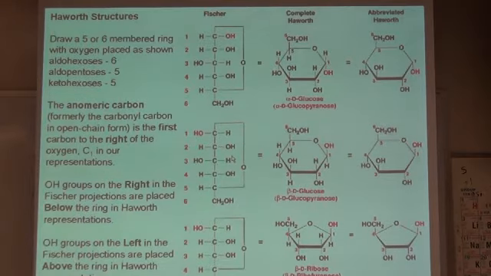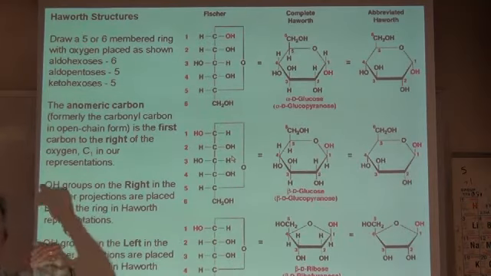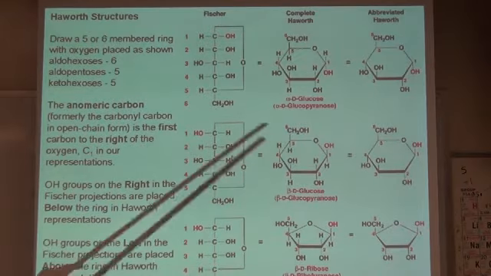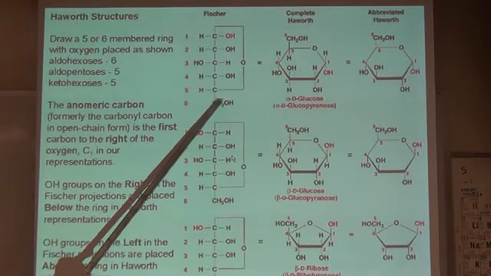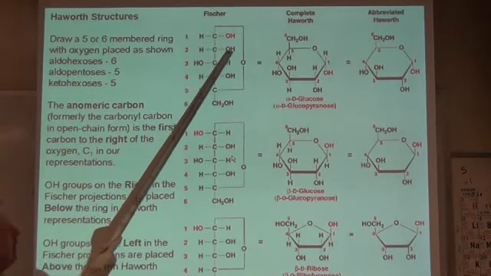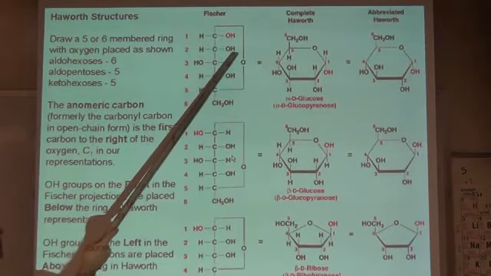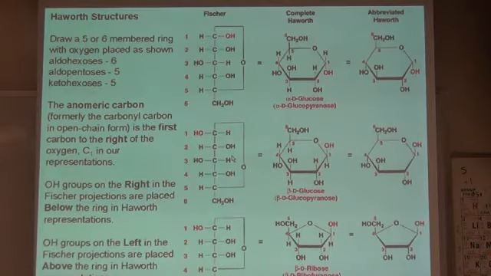So the OH groups, and correspondingly hydrogens, are going to end up either above the plane of the ring or below the plane of the ring. Okay? And in order to determine where they're going to be, you have to go back to the original Fischer projection. An OH that appears on the right in the Fischer appears below the plane of the ring once it closes.